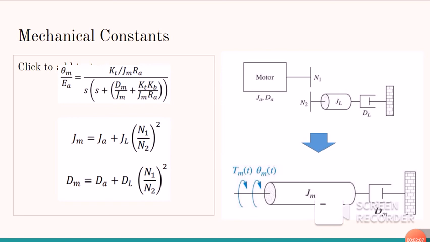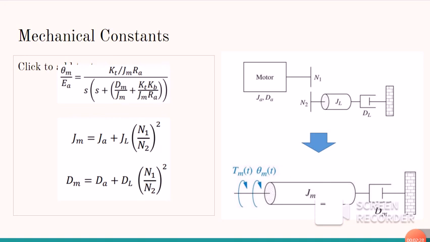Up here in the transfer function, you'll be able to see some constants, which will be derived from this shaft here with the Tm, theta m, Jm, Dm, which is all seen in this equation here.